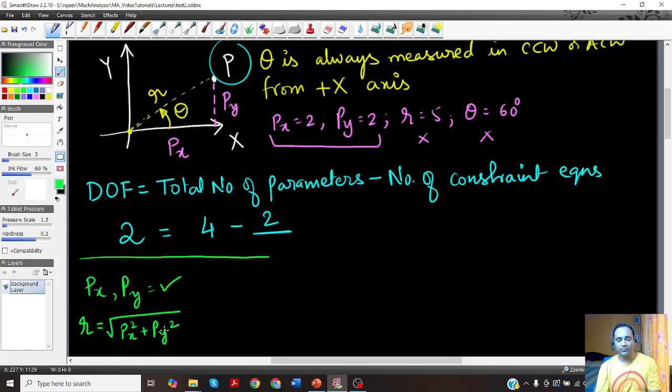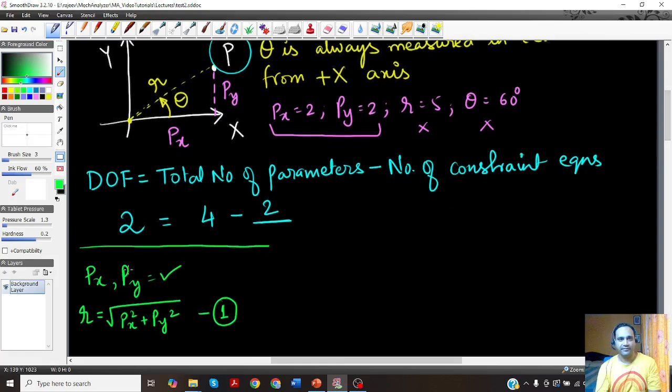Okay, so that is one constraint equation. Similarly, if I know the value of px and py, I can also find the value of theta. So if I use tan theta, then tan theta is py upon px. Okay, so this is equation number 2.